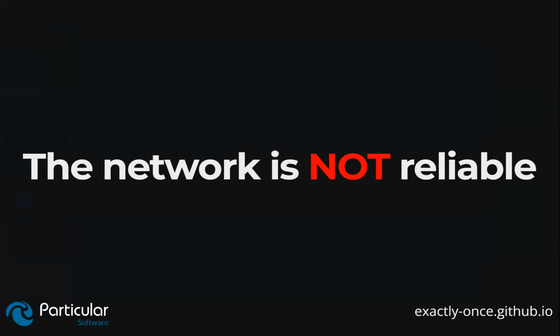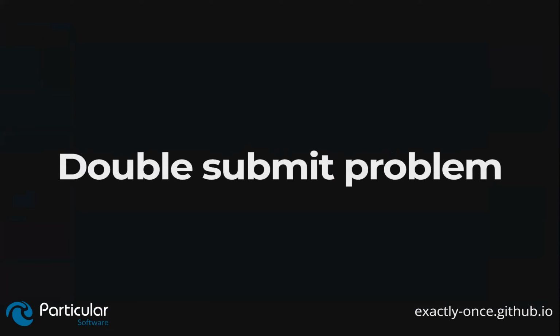And a scenario where we can see a network not being reliable again is, you can imagine the whole process that we just described successful, but the last bit, the ultimate bit of delivering the response to the user browser fails because reasons. And the user, well, what does the user do? Well, some of the users will just click submit again, which is called the double submit problem, one of the oldest problems of web development.